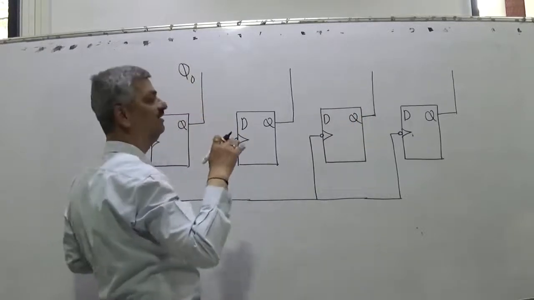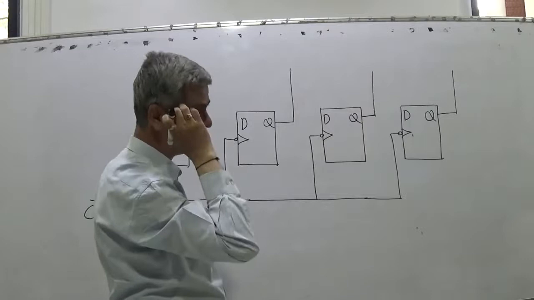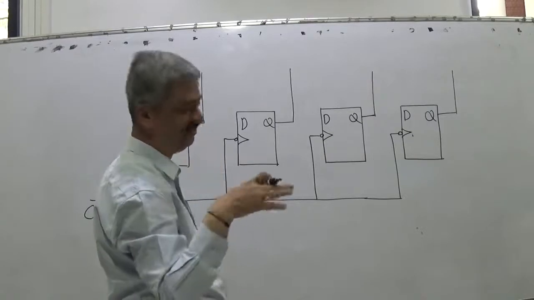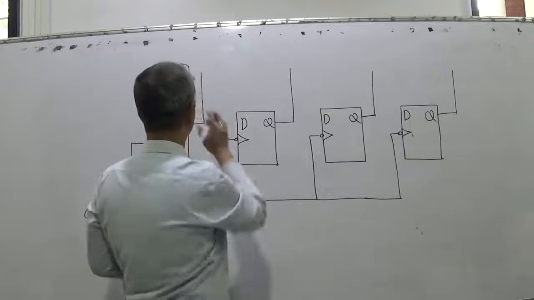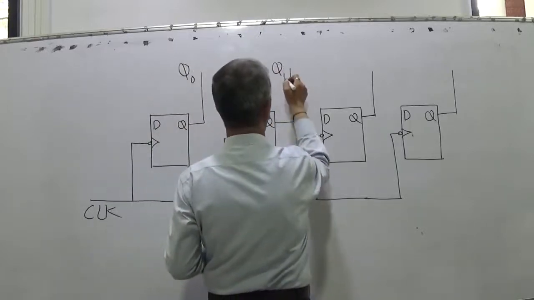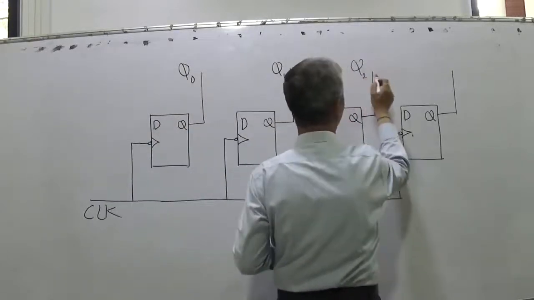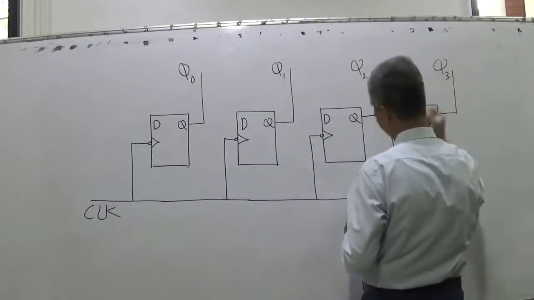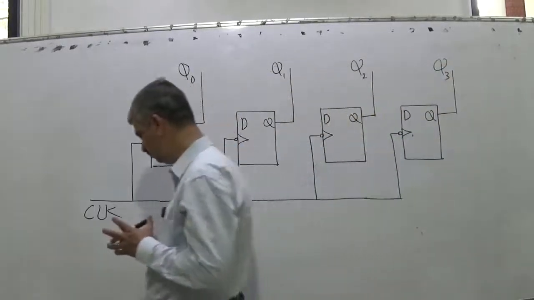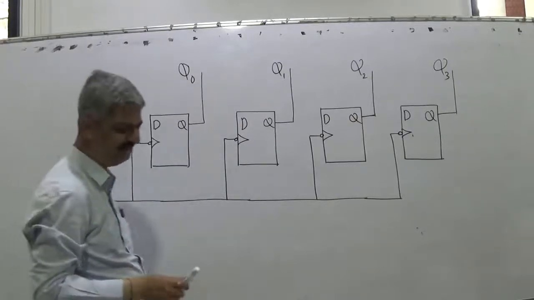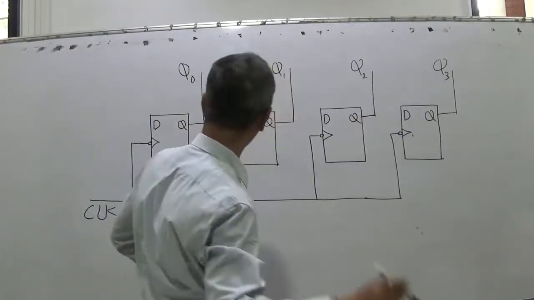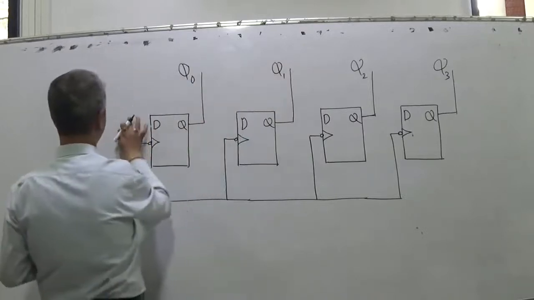Even though for a shift register there is nothing like LSB, MSB, if it requires some kind of arithmetic operation, then this will be meaningful. So Q0, Q1, Q2, Q3, or you can give A, B, C, D also. There are many conventions. These are the outputs. And what are the inputs?